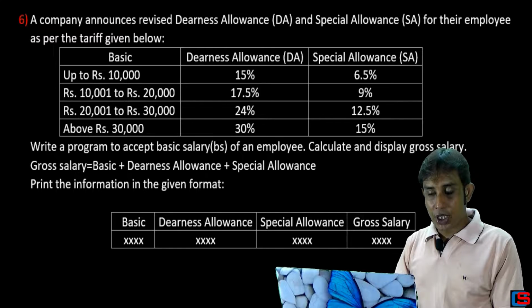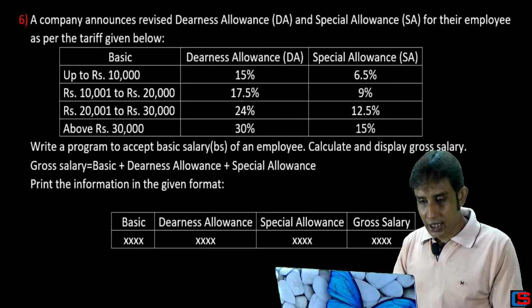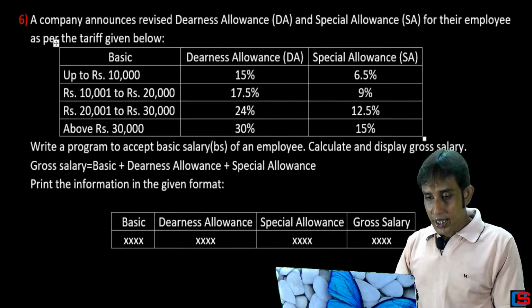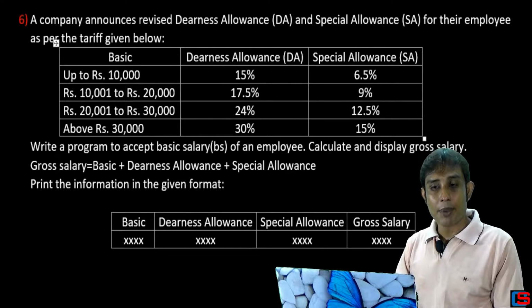From rupees 20,001 to rupees 30,000, the dearness allowance is 24% of the basic and 12.5% special allowance of the basic. Above 30,000, the dearness allowance is 30% of the basic and 15% special allowance of the basic.